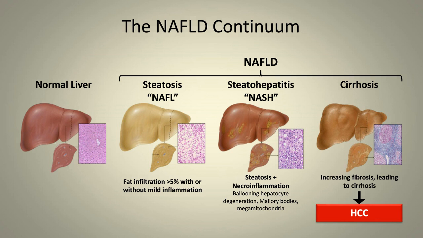Really, for the purposes of my talk today, I'm going to use NAFLD to infer anything that doesn't quite reach NASH. So, isolated steatosis with mild inflammation, and then just separate and distinct will be non-alcoholic steatohepatitis and its subsequent progression to cirrhosis.